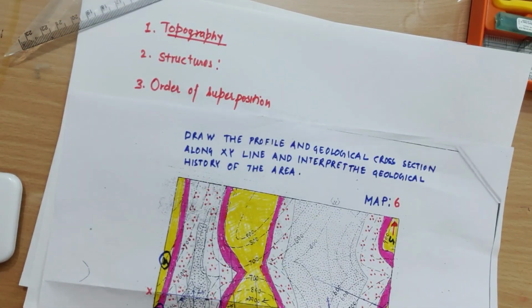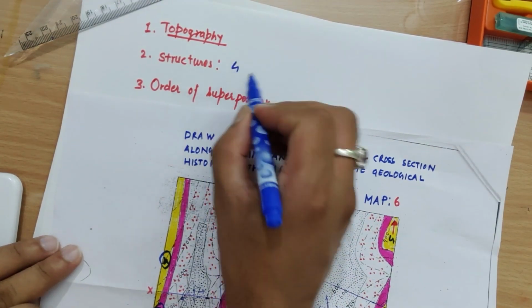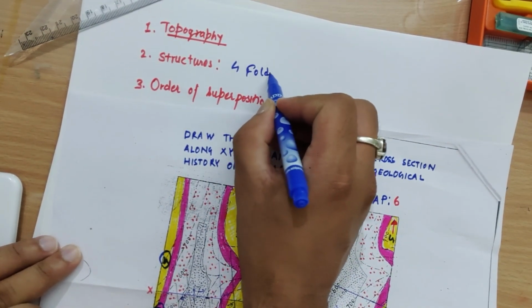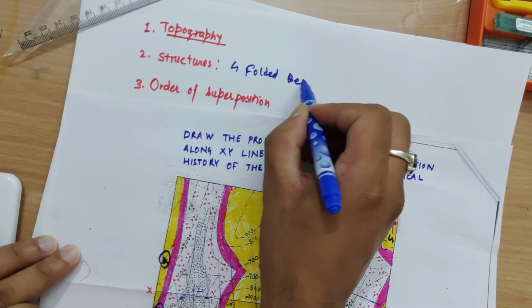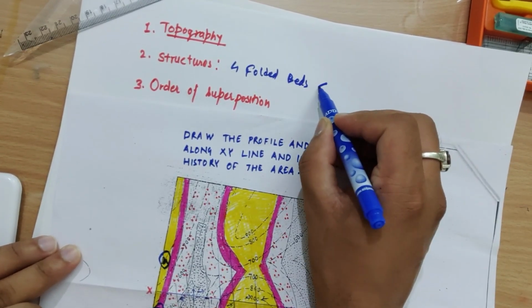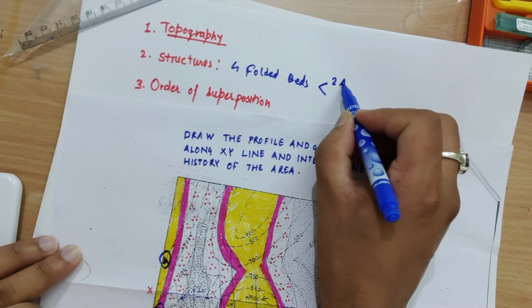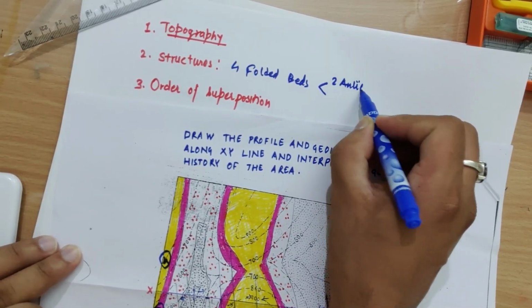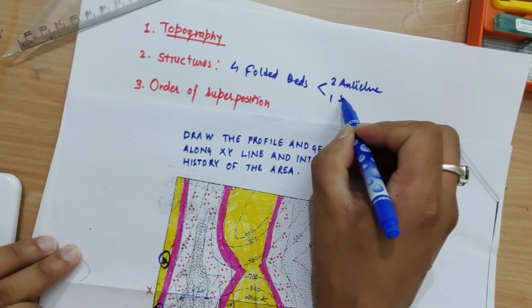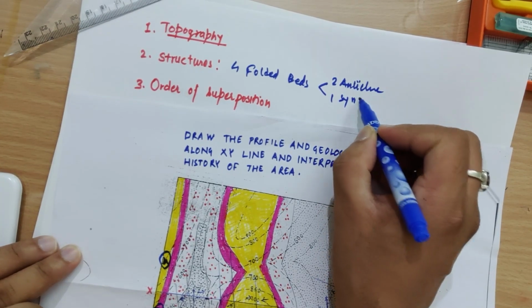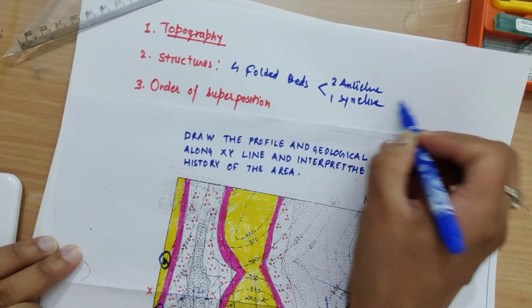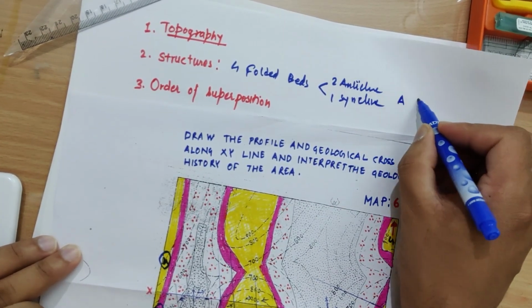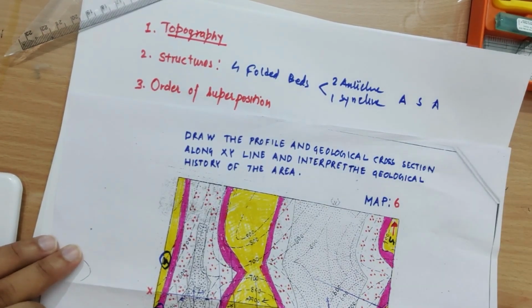So the structure is folded beds consisting of 2 anticlines and 1 syncline, in the manner anticline, syncline, anticline.